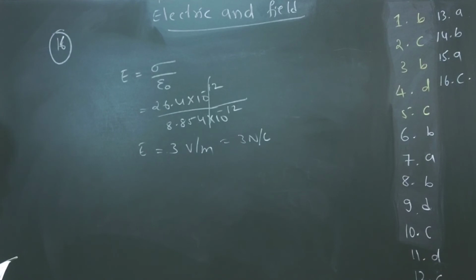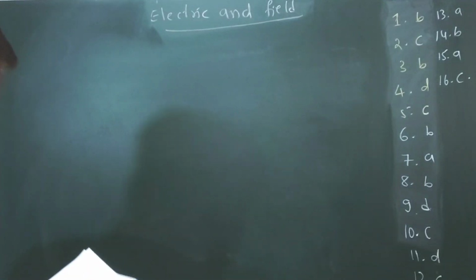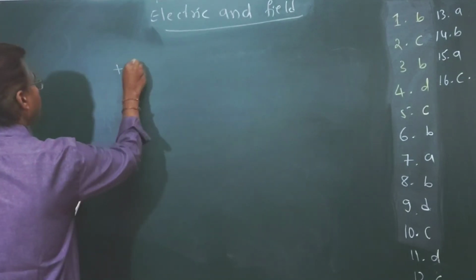Okay, so here we have a solid metallic sphere of charge plus 3q, concentric with which is a conducting spherical shell having a charge minus q. The radius of the sphere is A and that of the spherical shell is B. What is the electric field at a distance R from the center?